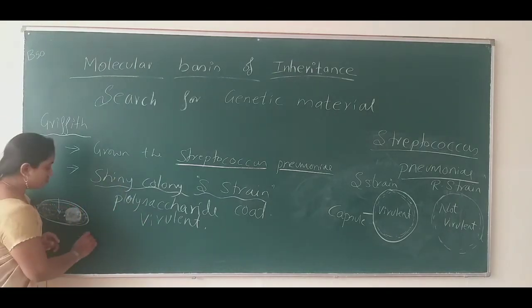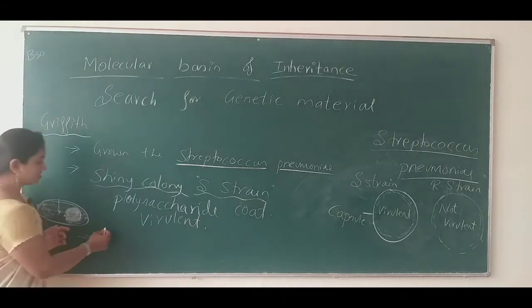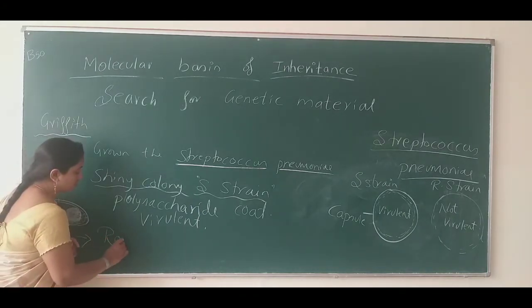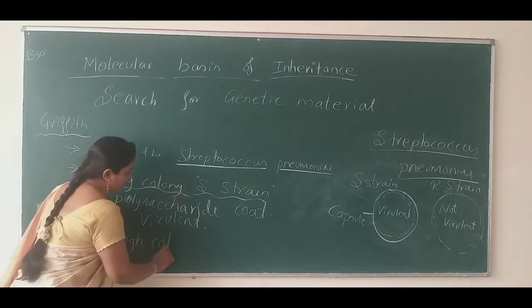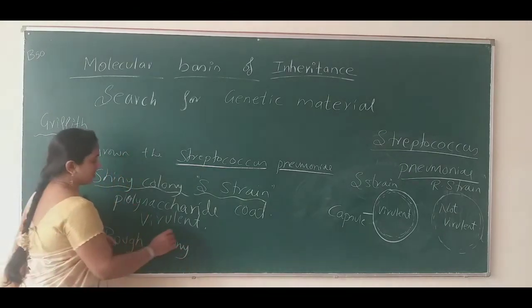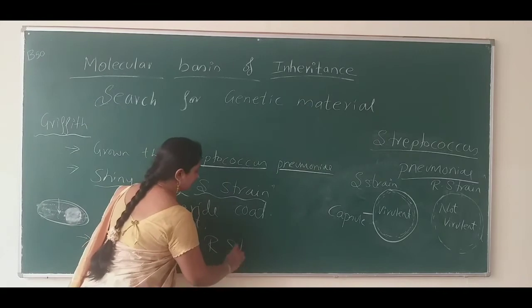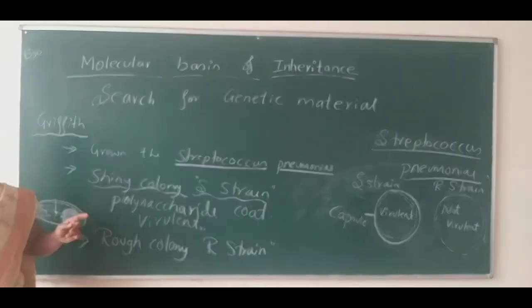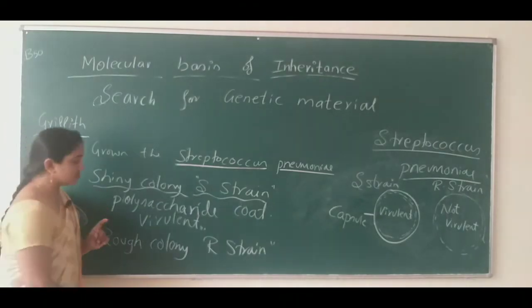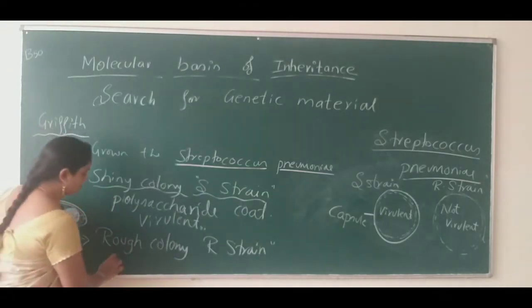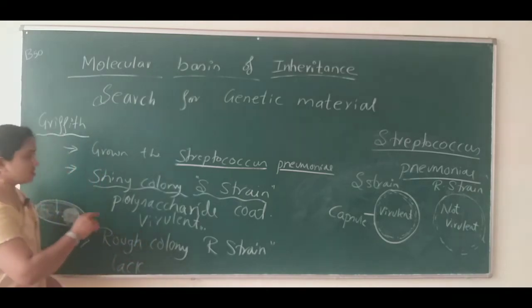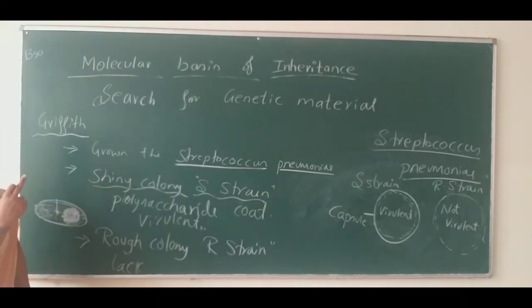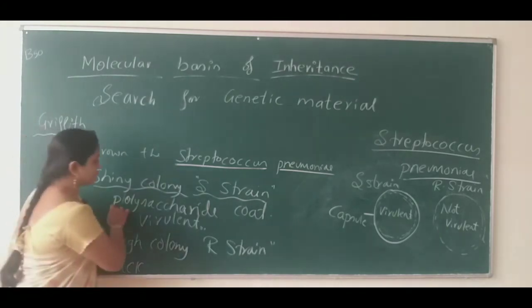Okay. One more colony he found in his culture media. Those colonies were rough colonies, named the R strain bacteria, whose coat, the covering of pneumococcus, Streptococcus pneumoniae, did not have the polysaccharide coat. It lacked the polysaccharide coat.